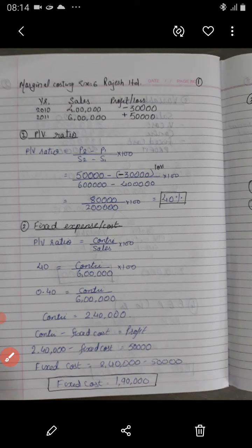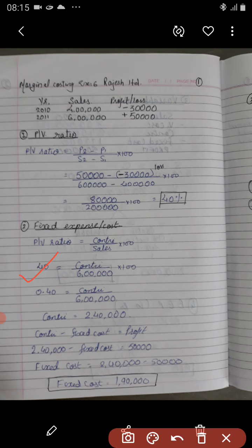Now in order to calculate fixed expense, we are going to use the original formula of PV ratio. So PV ratio equals contribution upon sales into 100. So PV ratio is 40, contribution as it is, sales of the year in which there is profit, so 6 lakhs into 100.